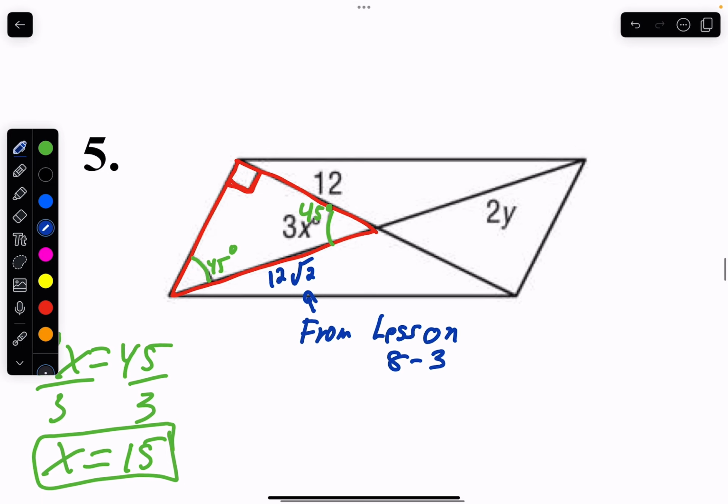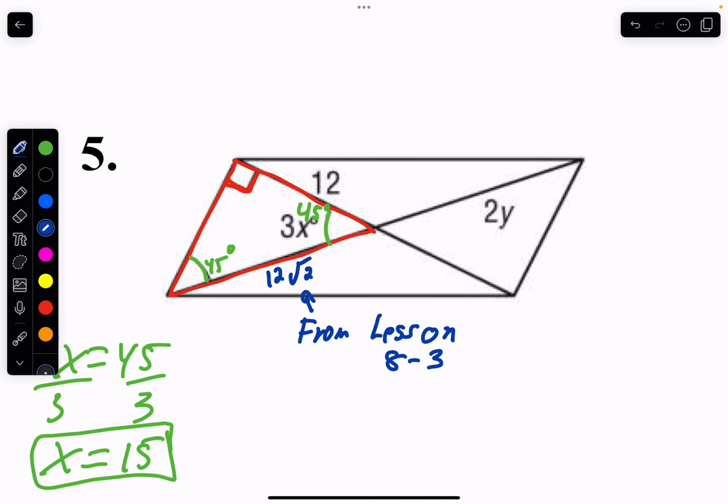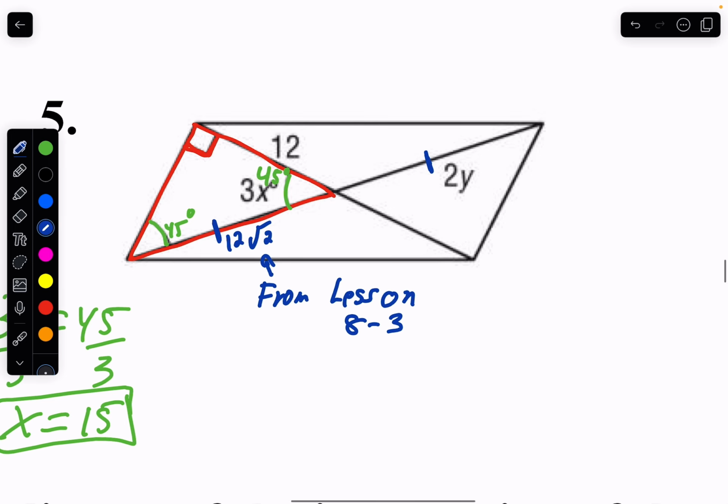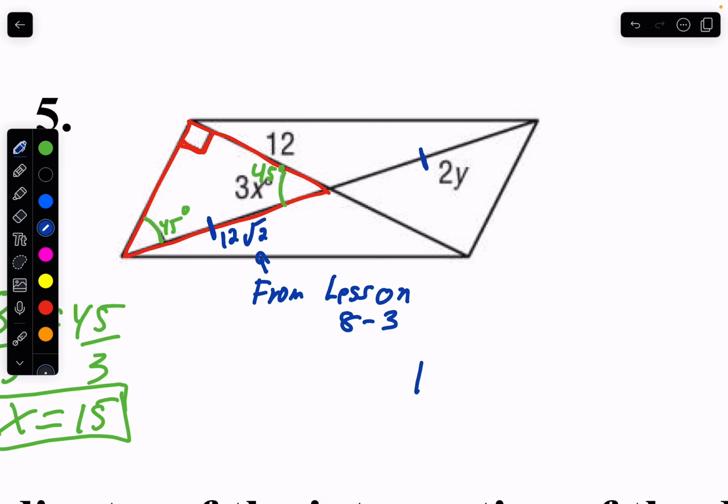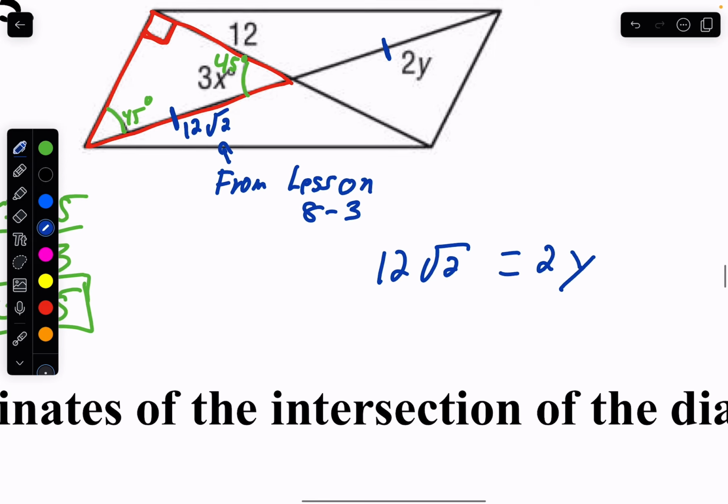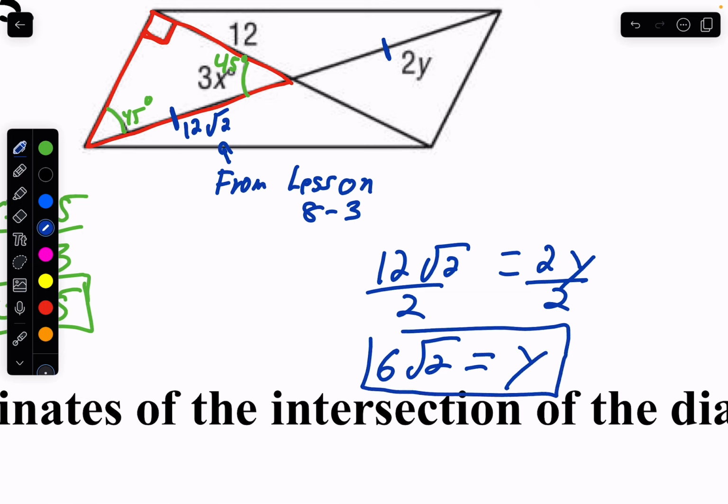So knowing that that is 12 square root of 2, I know now that this part of the diagonal will be congruent to that other part of the diagonal. So now I can say 12 square root of 2 is equal to 2y. Done with the geometry, let's divide by 2, 6 square root of 2 equals y, and we are done with the problem.